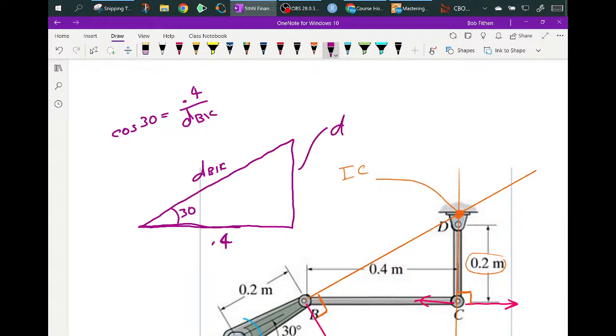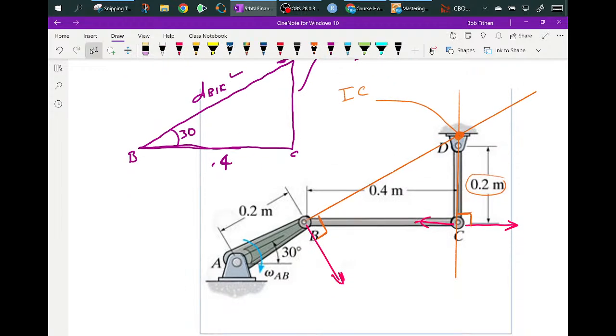We're going to call this the distance from C. Okay, remember this is C. This is B. This is instant center. Distance from C to the instant center. And sine 30 is 0.4 over distance from C to the instant center. So from that, you can find this and you can find that.